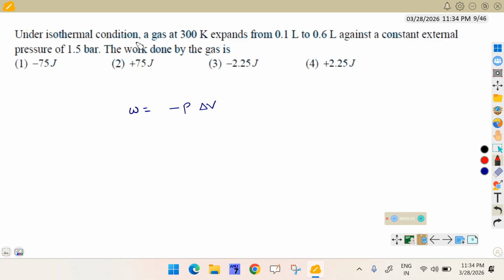Under isothermal condition, a gas at 300 kelvin expands from 0.1 liter to 0.6 liters against a constant external pressure of 1.5 bar. The work done by the gas, W equals minus P delta V. Pressure is given as 1.5.